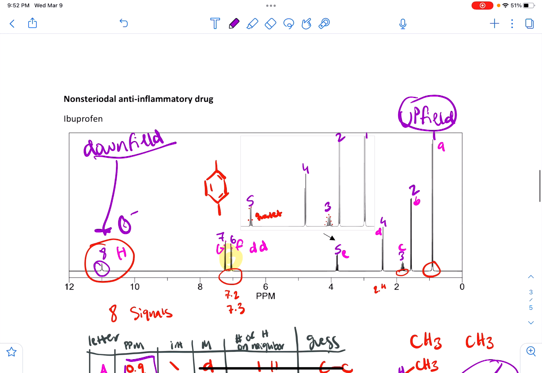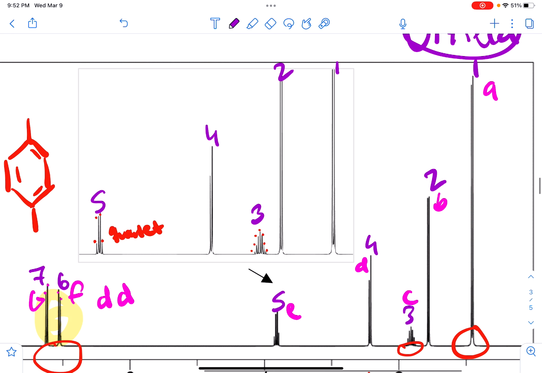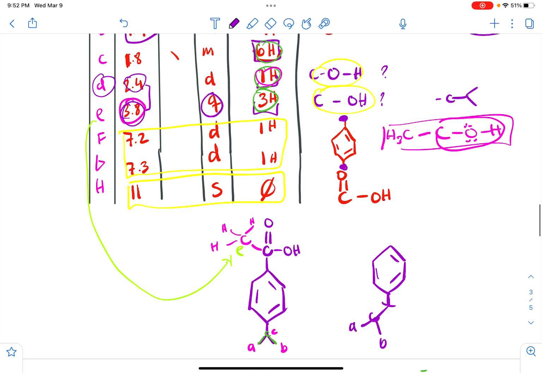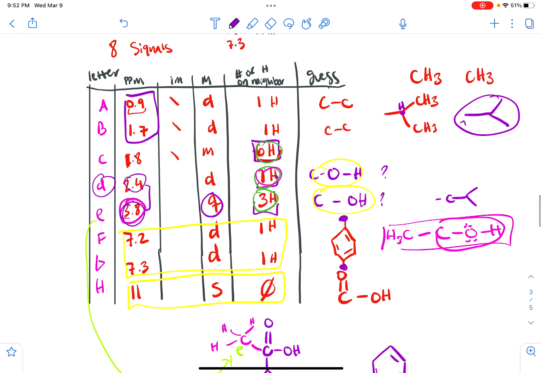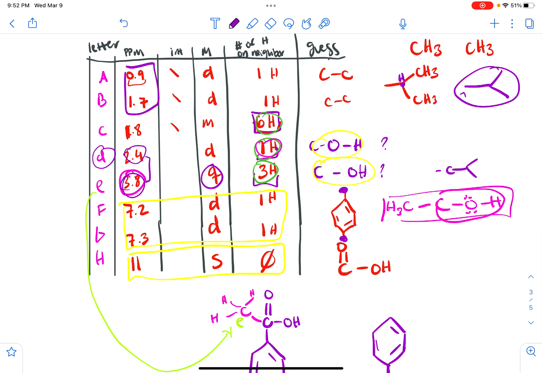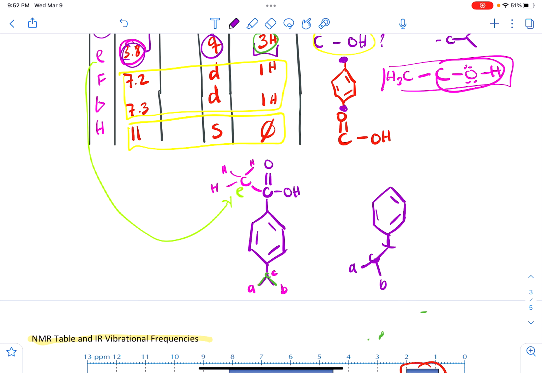And in our 2.4 here, there is only 2 hydrogens there, so that's going to be incorrect. And so what we're going to do there is we're just going to leave the isopropyl group where it is, as shown before, with carbon A, carbon B, and carbon C.